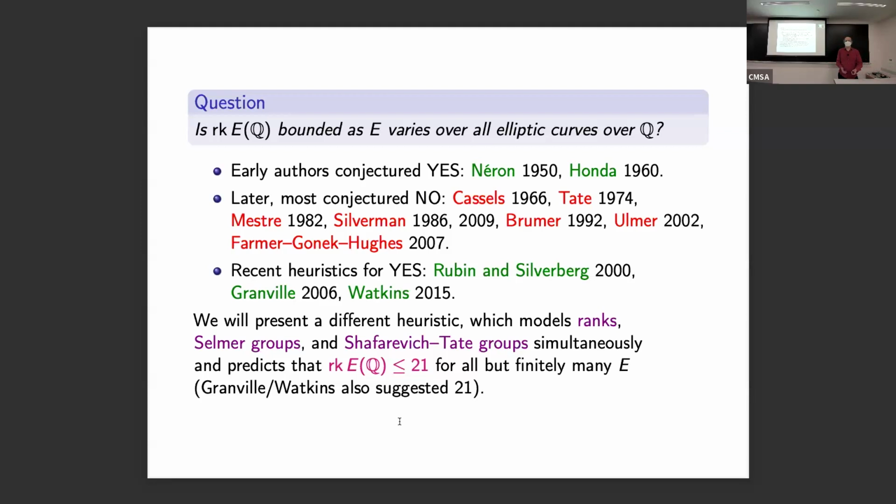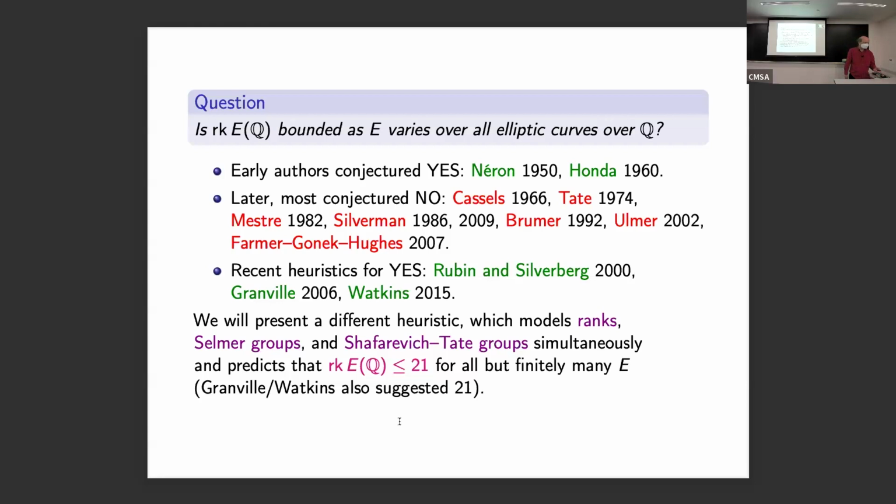If your model predicts some correct things, I know this is backwards logic, but it at least makes you feel as if you're doing the right thing. The model that I'm going to present will actually predict that the rank is bounded by 21, with finitely many exceptions.